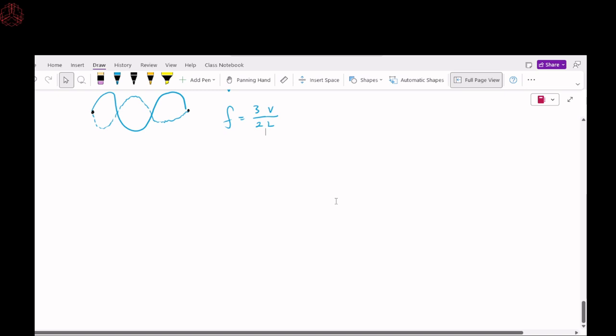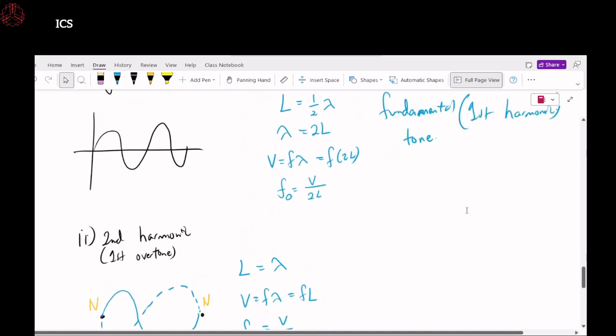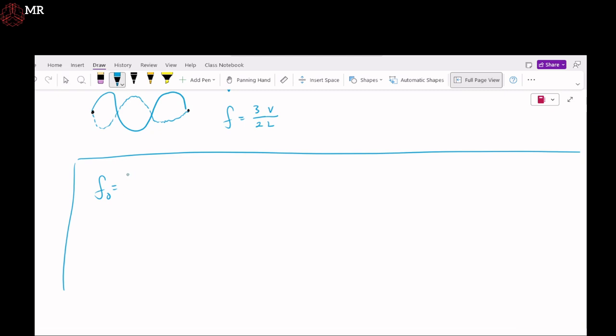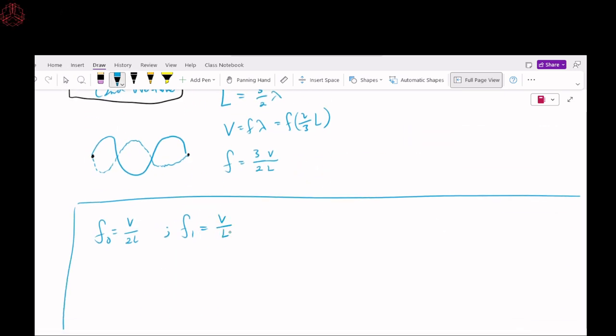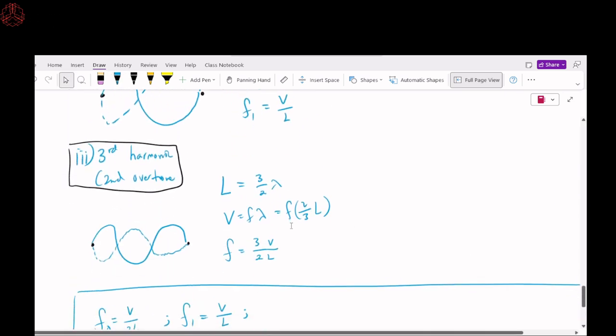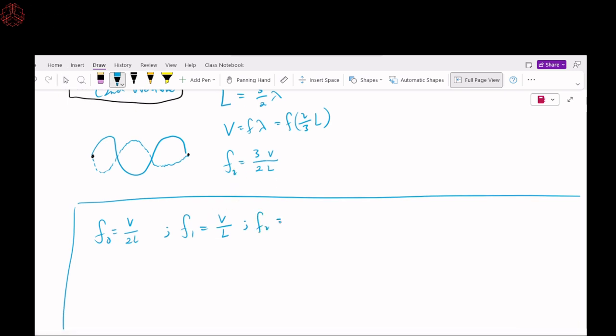So to summarize, for a string, my fundamental was v/2L. When I had my first overtone, I had v/L. And then when I had the third harmonic, the second overtone, I have 3v/2L.